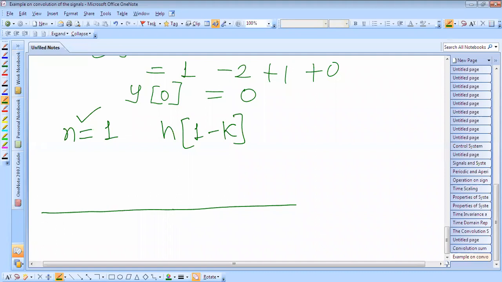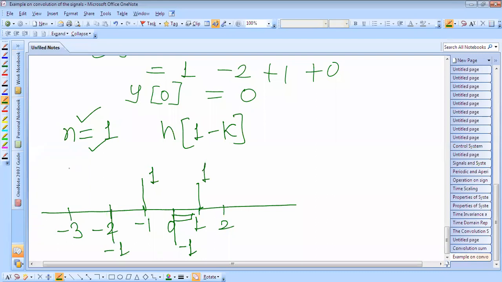Therefore we'll shift now. This is 0, this is 1, this is 2, -1, -2, -3. So we shift by 1 unit of magnitude because here n is equal to 1. So at 1 it is 1, at 0 it is -1, again at -1 it is 1, again at -2 it is -1. So this is the impulse response h of 1 minus k.